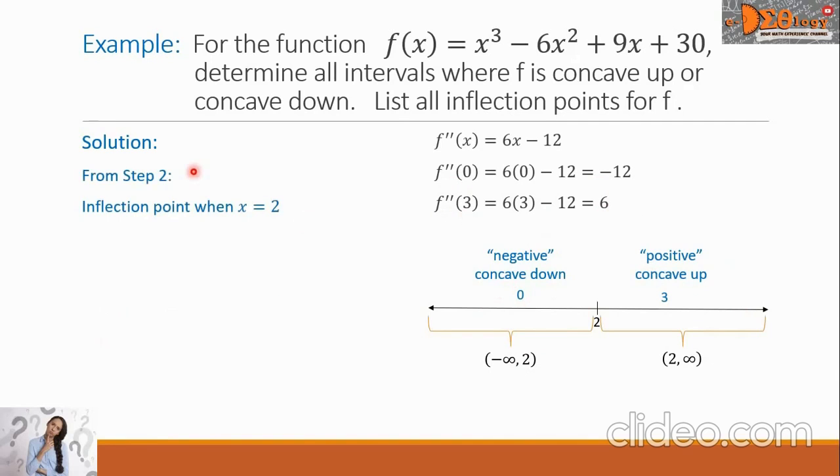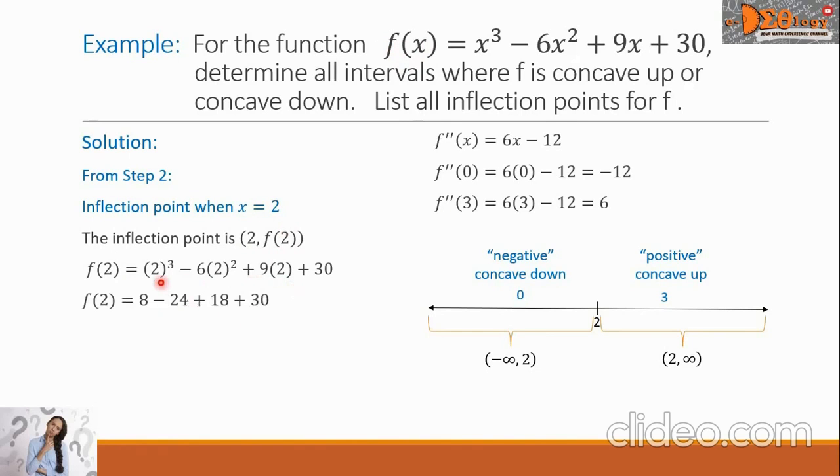From step 2 a while ago, we found out that the inflection point occurs when x is equal to 2. So the point is 2, f of 2. We want to get the actual value of this f of 2. So let us evaluate the function with respect to 2. So we have f of 2 equals 2 cubed minus 6 times 2 squared plus 9 times 2 plus 30.